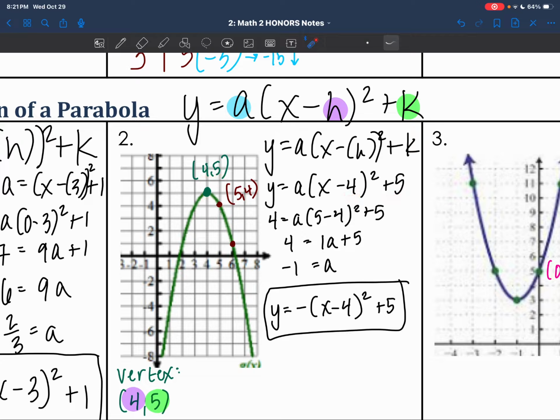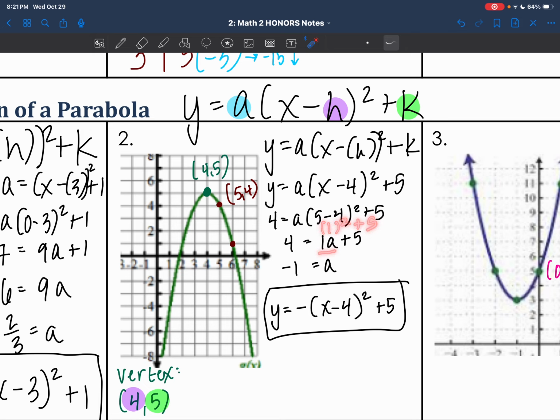And then now I'm going to pick any other point. So I could pick this point, I could pick this point. I'm going to pick this one for my x and this one for my y. And then I'm going to solve everything. So I'm going to get 1 squared plus 5.